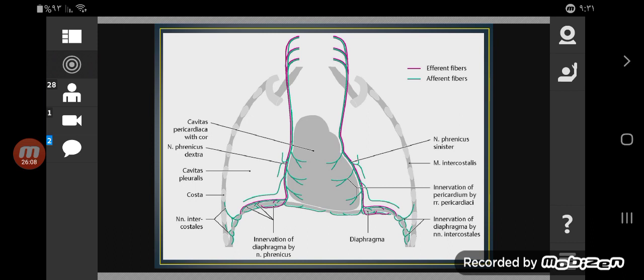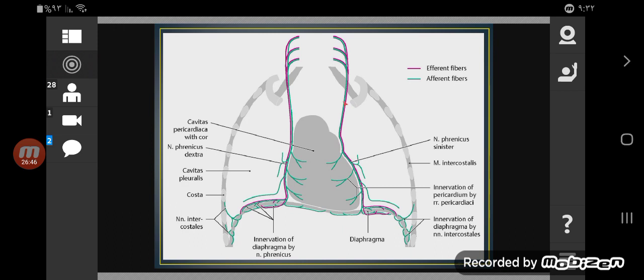Usually, intercostal nerves provide afferent fibers, as you see in this picture, for the periphery of the diaphragm. But in some books you can see the intercostal nerves provide a few motor fibers for the periphery of the diaphragm as well. But the diaphragm is mainly innervated by the phrenic nerve for motor control.